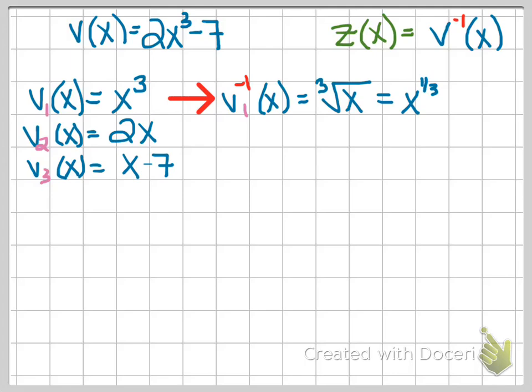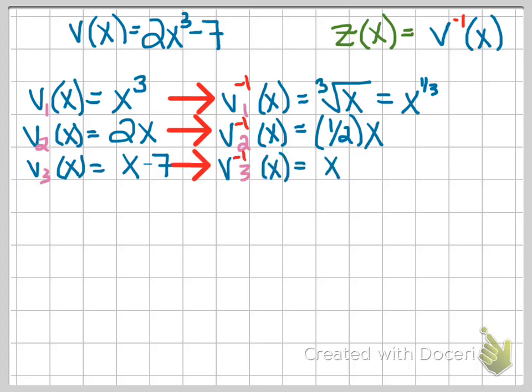The second operation, doubling a quantity or multiplying it by 2, I can find the inverse of by multiplying by that inverse, which is 1/2, 1/2 of x. And finally, the third inverse would be, instead of taking away 7, I'm going to add 7.